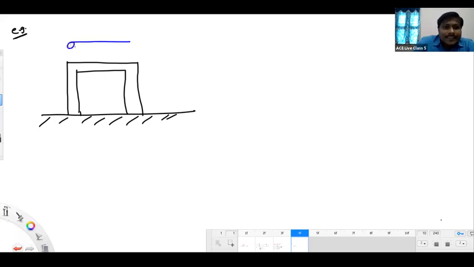Let us say we want to keep one bus bar on this. We can't keep the bus bar directly on the pole; we have to provide some insulation support like this. This insulator that we kept here is called a bus bar insulator.